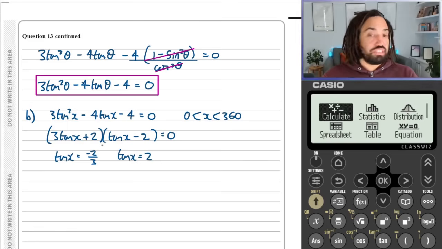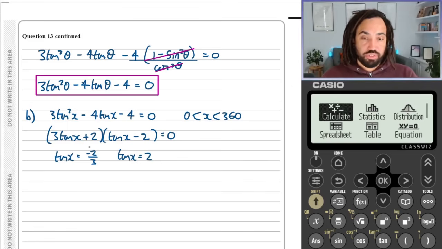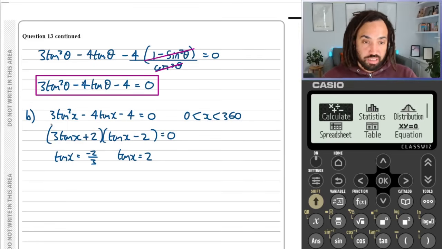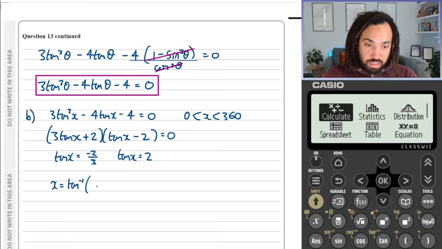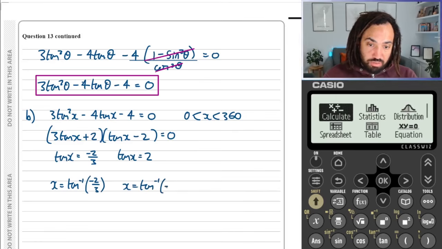Again, you don't actually get marks for factorising this, so you could just use the quadratic solver on your calculator to get these values. Okay, so now x is equal to inverse tan of minus 2 over 3. Now x is equal to inverse tan of 2.